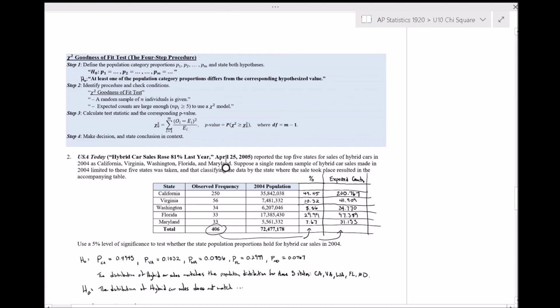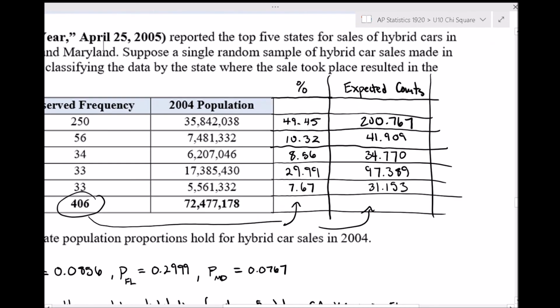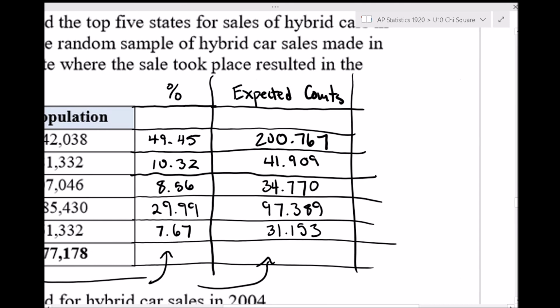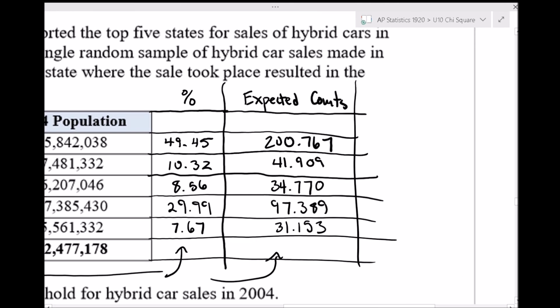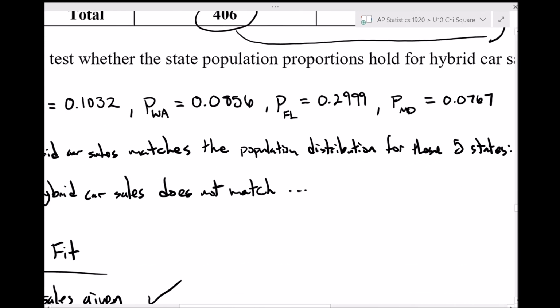Next one, expected counts. We've already done the math on the expected counts, and all of those expected counts are large. We need them to be at least 5 all the way around. So all 5 of them need to be at least 5, and they are.